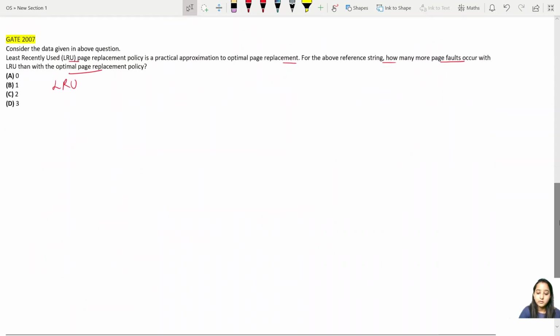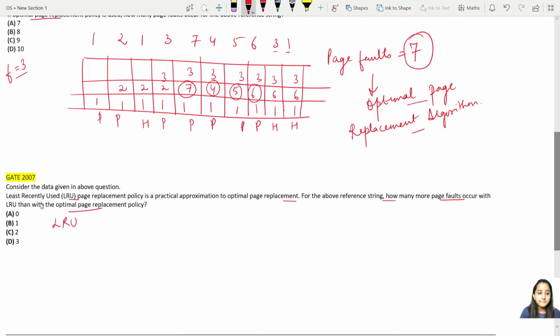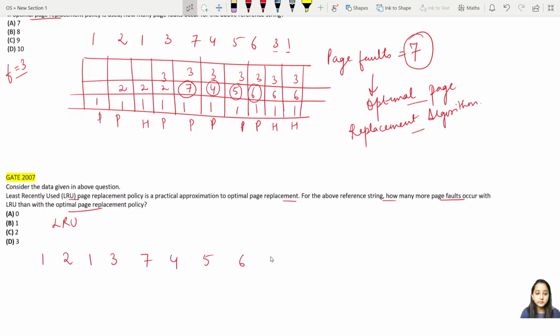So let me consider the reference string. It is given as 1, 2, 1, 3, 7, 4, 5, 6, 3.